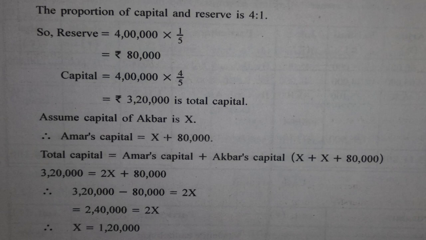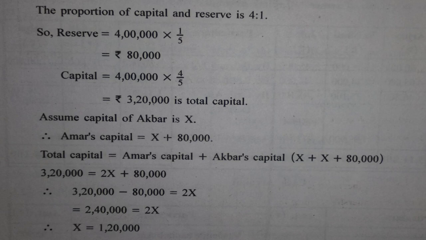So 3,20,000 equals Amar's capital, X plus 80,000, and the capital of Akbar, X. So X plus X plus 80,000. And what actually is the amount of capital? 3,20,000. So 3,20,000 equals 2X plus 80,000.